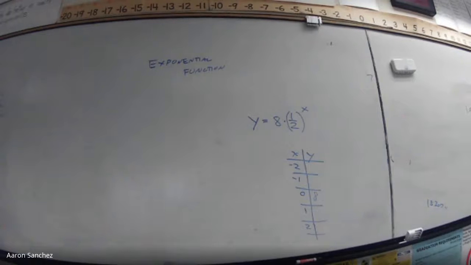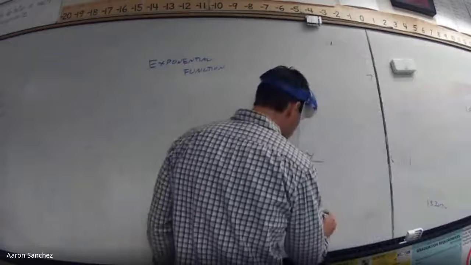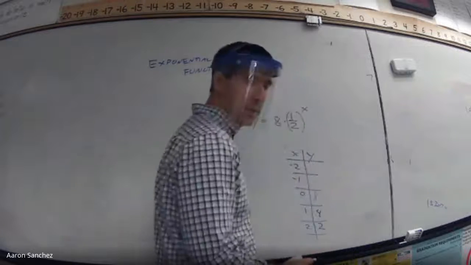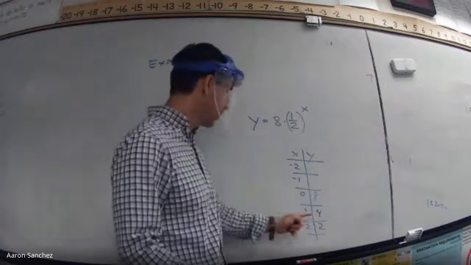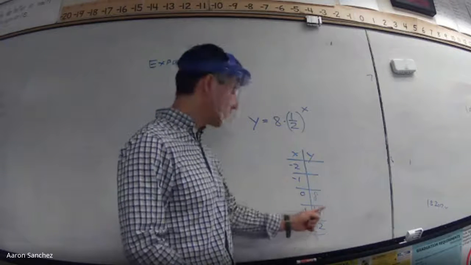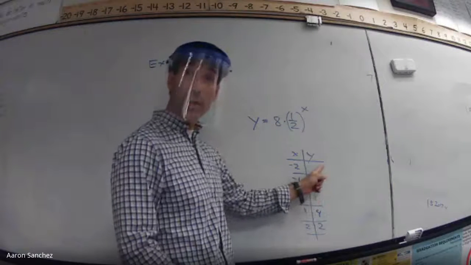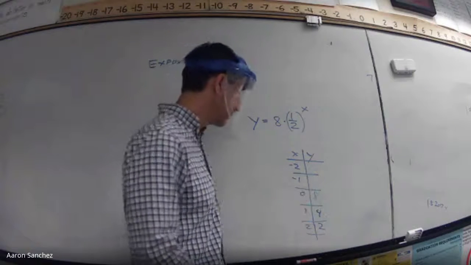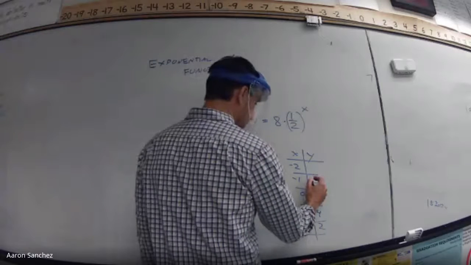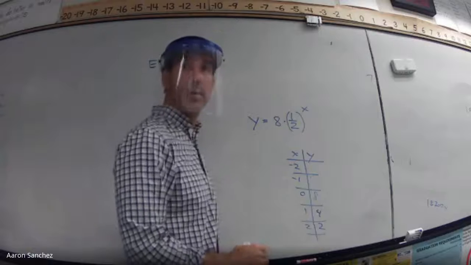Very good. Okay. You take half of 8, so this is going to be 4, this is going to be 2, right? You take this one and take half of it, and then this way, I go up, right? So instead of dividing by 2 this way, I'm going to multiply. So what would be up here, Crystal?